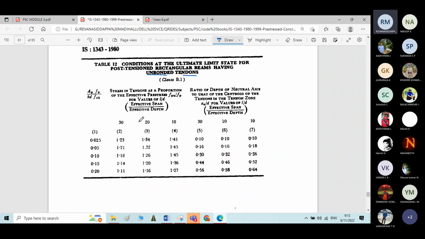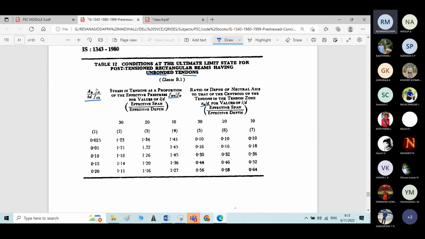Using this table, we get the ratio of FPU to FP and XU by D. If we get these ratios, we can work out FPU and XU, correct? As we practiced for previous problems. So to obtain this, we need the value of the ratio AP FP divided by BDFCK, and we also need the ratio of effective span to effective depth.